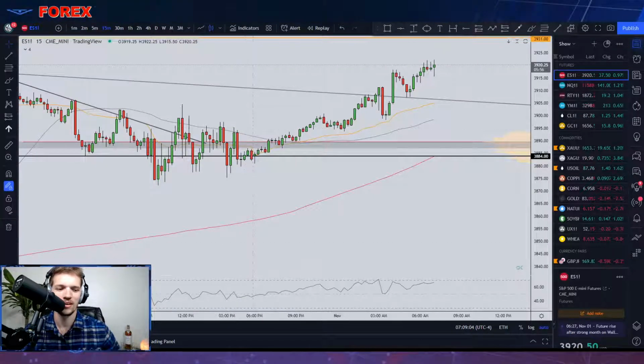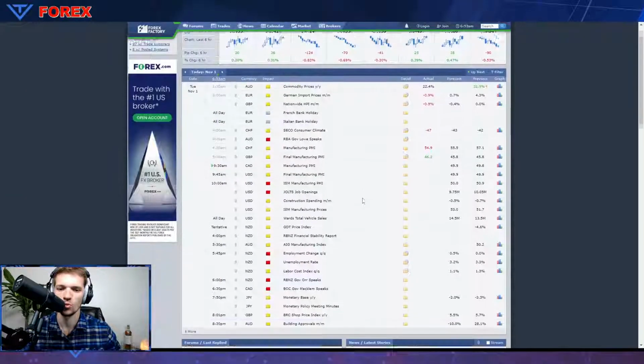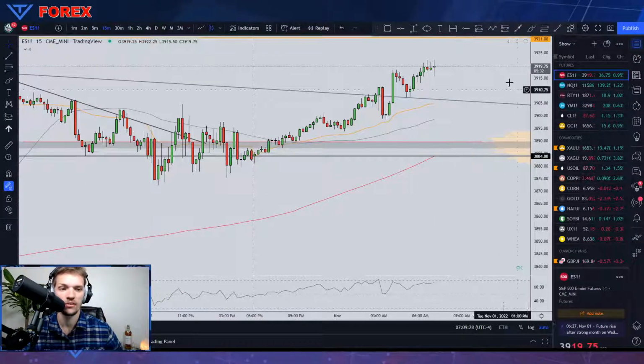Gonna be a fun day today, guys. JOLTS are at 10 o'clock, ISM manufacturing PMI at 10 o'clock. So it should be a pretty clean day until then.